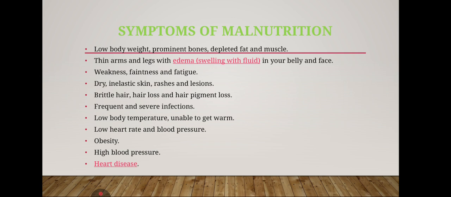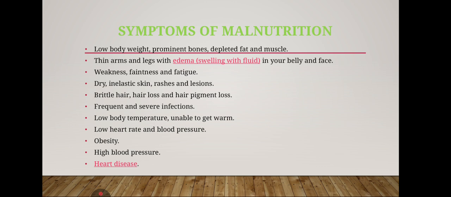They have a bulging stomach and bulging of the face. The patient has weakness, faintness, and fatigue, and loss of appetite. Likewise, dry and inelastic skin, rashes, brittle hair, hair loss, and loss of hair pigment.